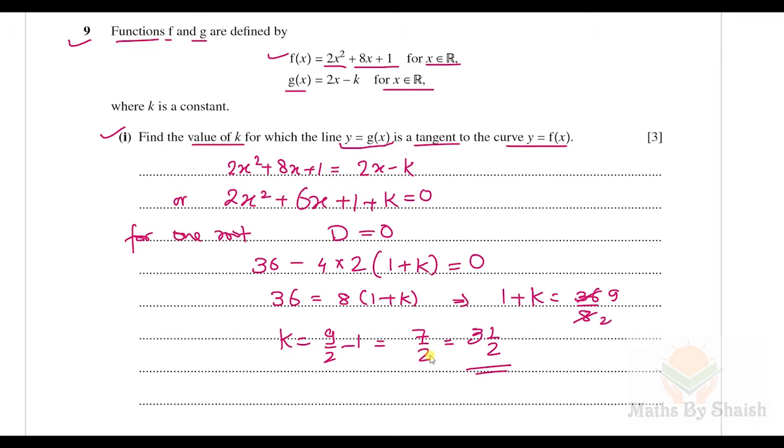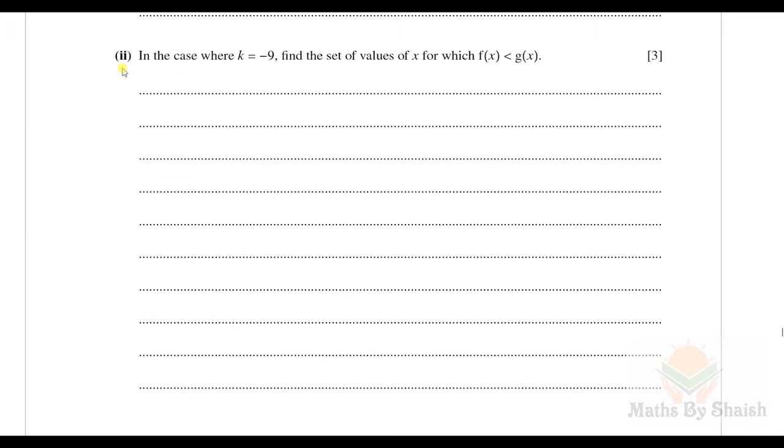In this case where k is equal to minus 9, we can see g(x) was 2x minus k. So when k is equal to minus 9, g of x becomes 2x plus 9, and we need to find the set of values of x for which f(x) is less than g(x).